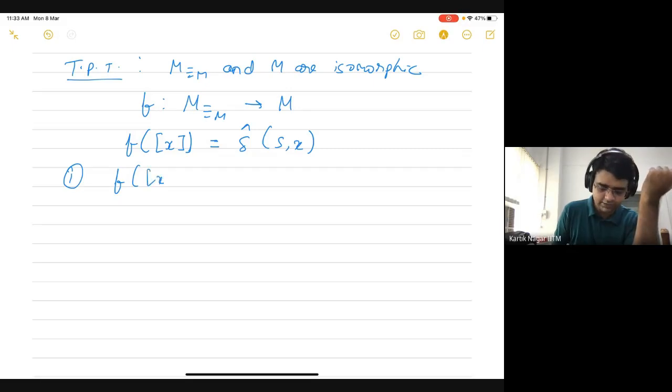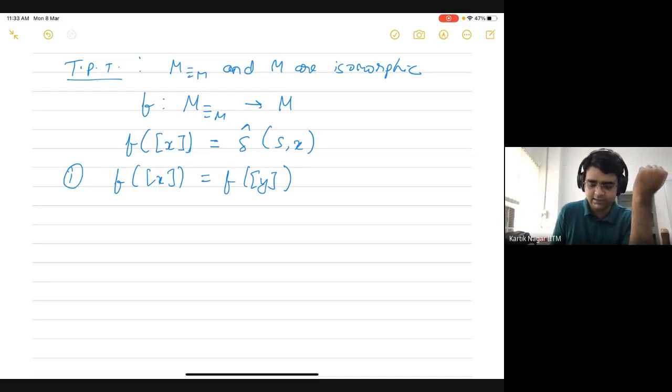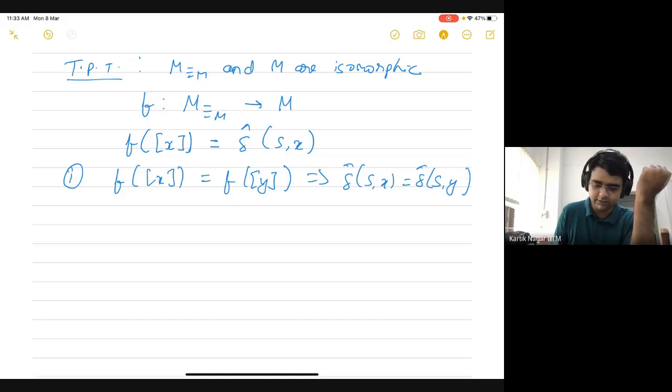So let's say that f of x is equal to f of y. Then you have to show that in this case, these two must be the same. So what can we say about f of x being equal to f of y? That would mean that delta hat of s comma x is equal to delta hat of s comma y, because that's how we would define f.